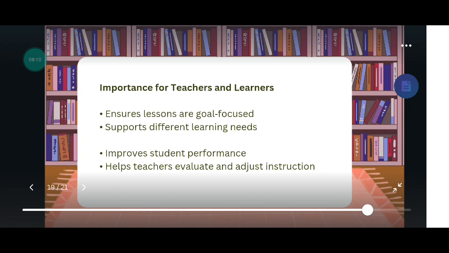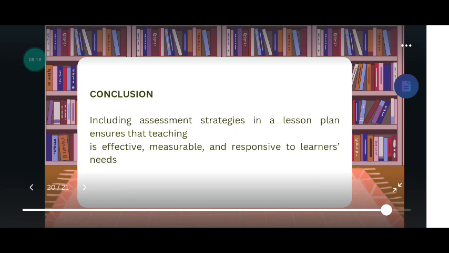It improves the students' performance and helps the teachers evaluate and adjust instruction. In conclusion, it is important to have assessment strategies in a lesson plan to ensure that teaching is effective, measurable, and responsive to learners' needs.